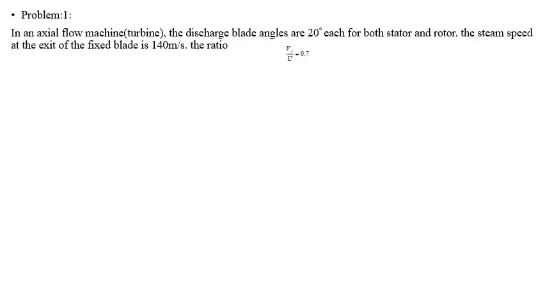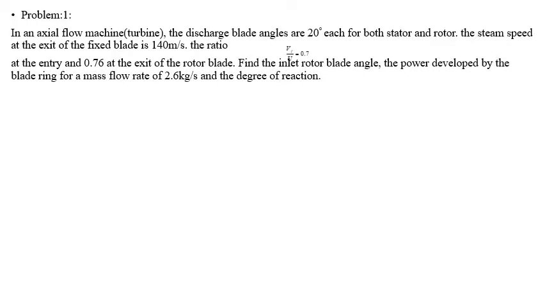The ratio of Vf by Vu is equal to 0.7 at the entry and 0.76 at the exit of the rotor blade. Then find the inlet rotor blade angle, the power developed by the blade ring for a mass flow rate of 2.6 kg per second, and the degree of reaction.